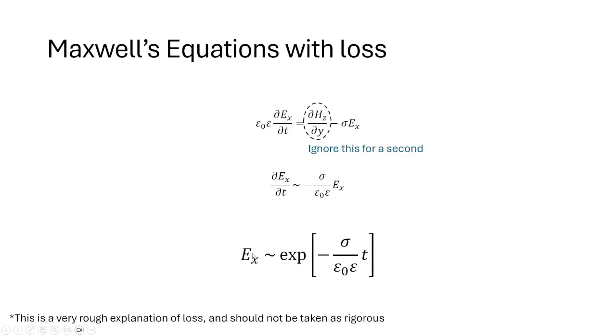The electric field in the presence of some conductivity sigma is going to decay exponentially over time, and the strength of that decay is proportional to sigma. This is a very rough explanation of why sigma causes loss, but it should suffice for now. Essentially, if you have some sort of sigma value, you're going to get loss in your simulation.